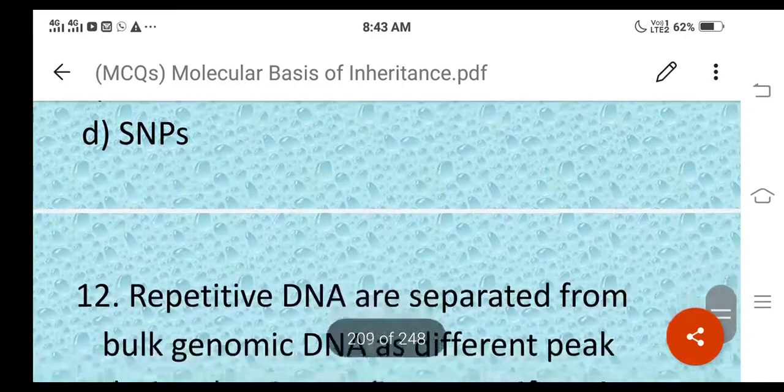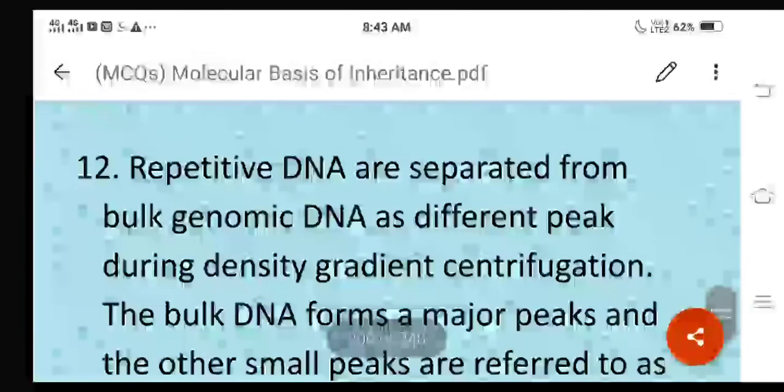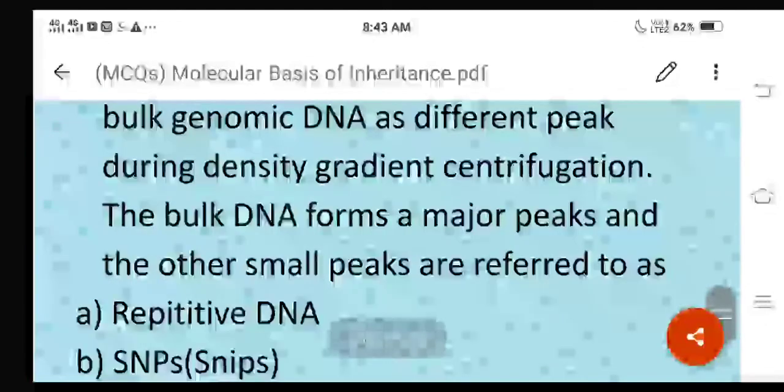Question number 12. Repetitive DNA is separated from bulk genomic DNA as a different peak during density gradient centrifugation. The bulk DNA forms a major peak, and the other small peaks are referred to as.